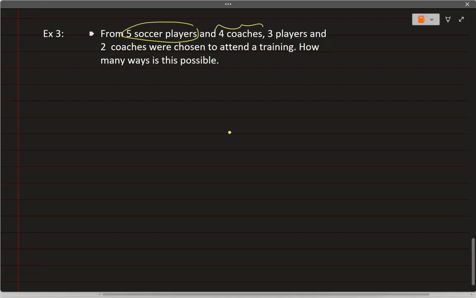Out of the 5 players, we need 3 players to go, so the first one is 5 choose 3. Then we work through the 4 coaches. We need 2 of them, so that would be 4 choose 2, and that is for the coaches.